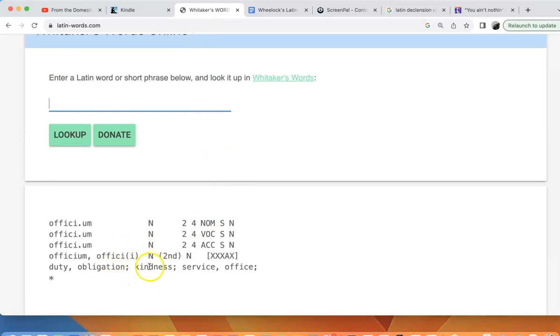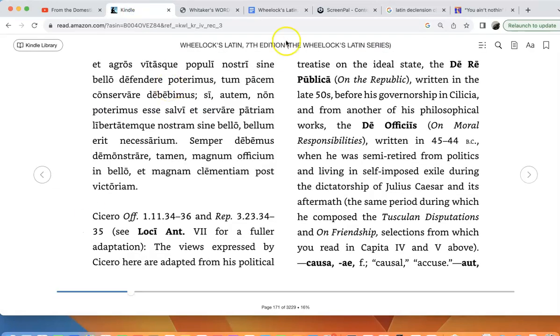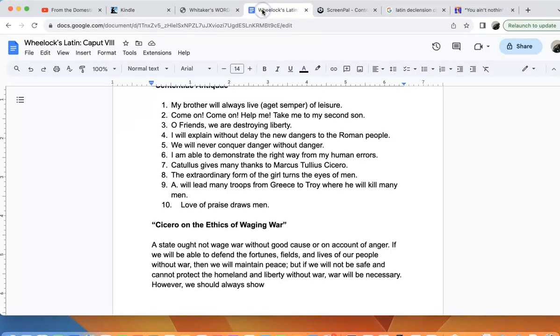So I guess maybe kindness or duty. None of these really capture it, it kind of lacks translation. You might say justice, but notice justitia is not what he's using. So probably duty in this case means moral probity or uprightness. So let's go ahead and just keep it as duty to get you thinking about what it might mean.